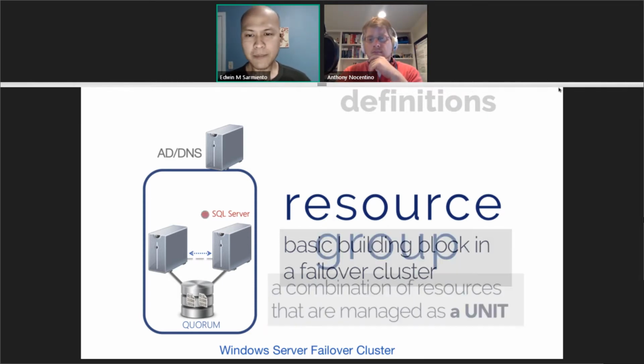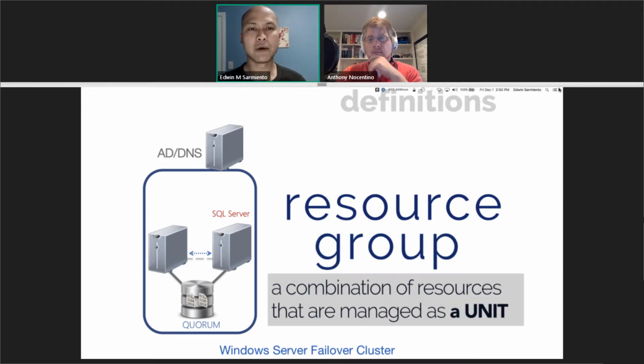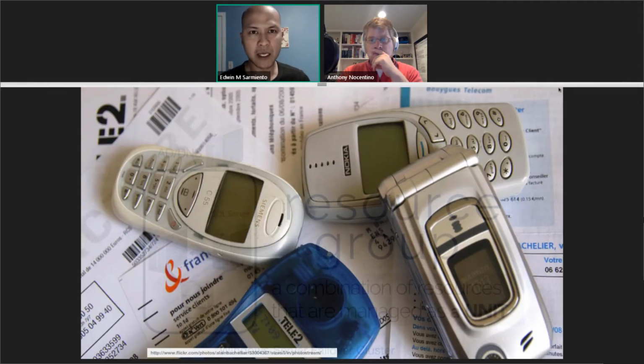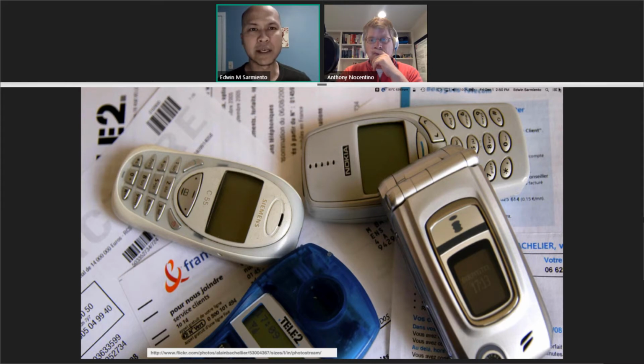Okay, so we talked about resources, and we start talking about resource groups, and I like calling it resource groups because technically it's a group of resources. It's a combination of resources that are managed as a group or as a unit. Now, I like thinking about resource groups like services, utilities.